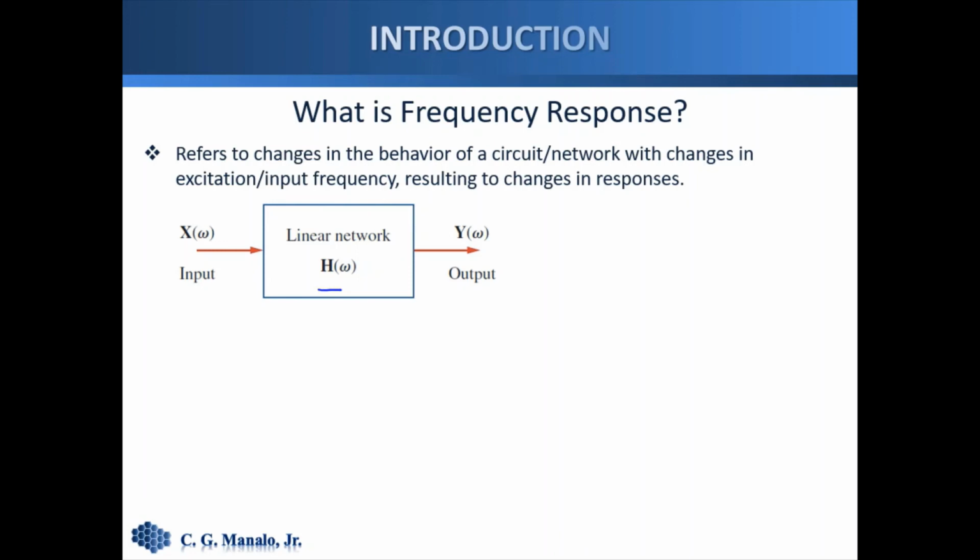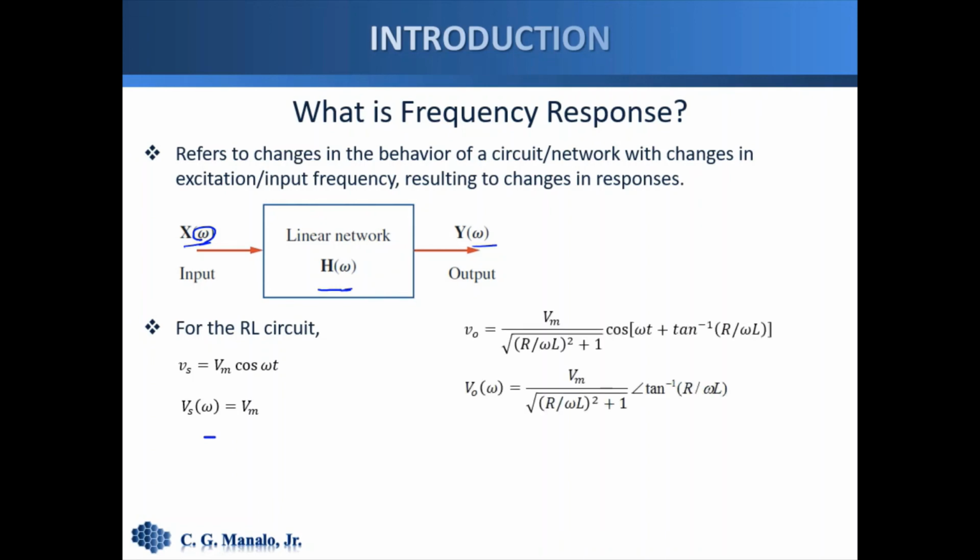We have here an input, and we vary the frequency of the input. We notice that the output varies as well, because the behavior of this network, or the RL in our example, is affected. So for RL, this is our input, and we obtain an output that is like this, which is actually a function of the frequency of the input voltage.